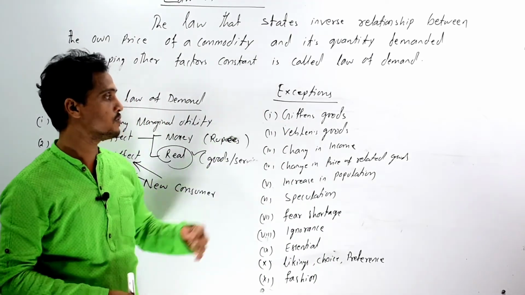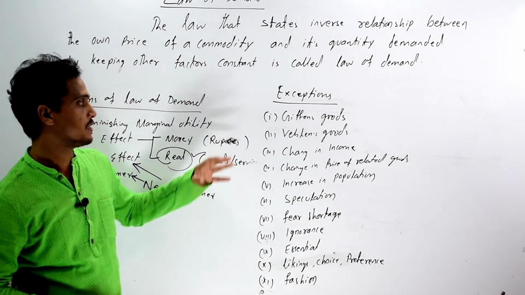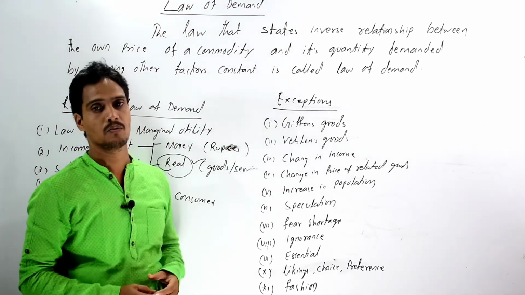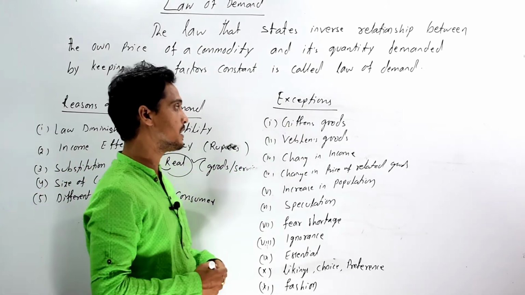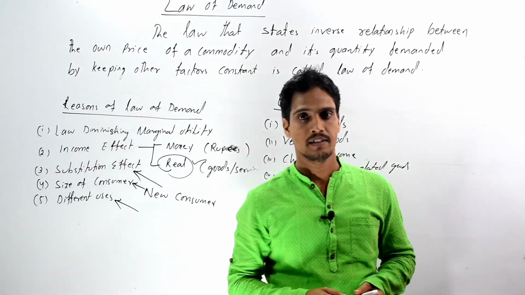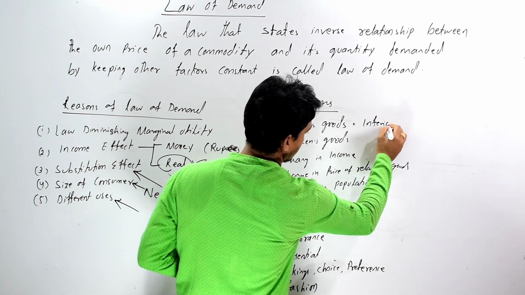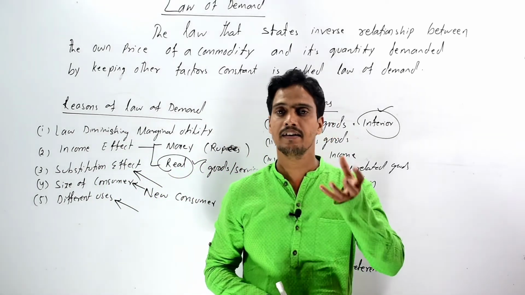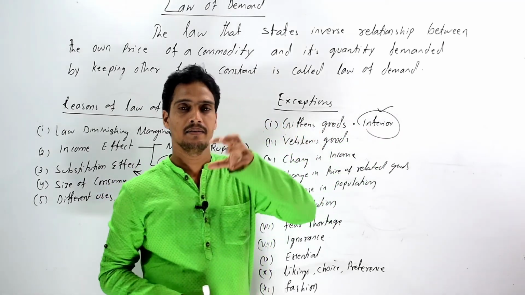Generally, in this situation, the law of demand does not operate. That means the price of the commodity does not affect the quantity demanded of that commodity. That is, in case of Giffen's goods, which is otherwise known as Giffen's paradox. That means in case of inferior goods, the change in price may not affect the demand of that type of commodity, like bajra.